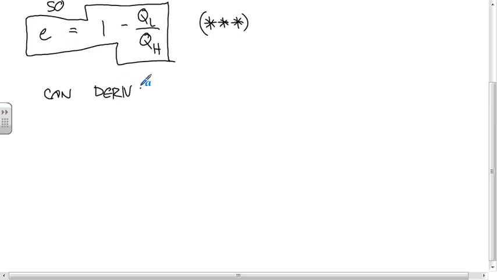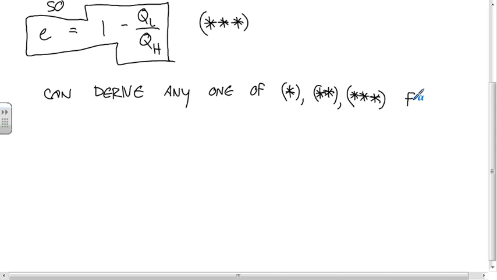You can derive any one of star, double star, and triple star from the other two. So in that sense, they're not independent equations. So anything you're going to have to do, you can do with two of these equations.